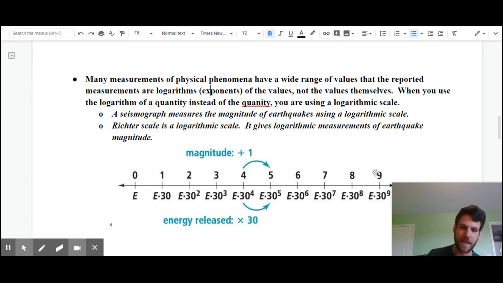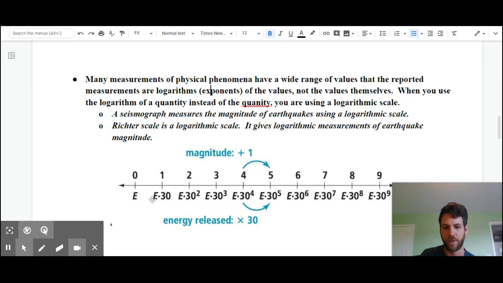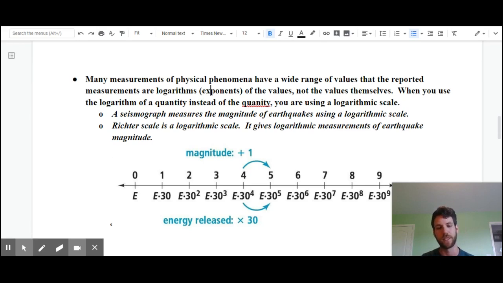In this case, the y-axis is going to be the magnitude of the earthquake that you measure on what is called the Richter scale. And the energy released is what is released from the earthquake. So you can see how the energy would increase very rapidly on your x-axis by multiplying by 30 a certain number of times above and beyond what the normal energy released in the earth on any given day is when there is not an earthquake.